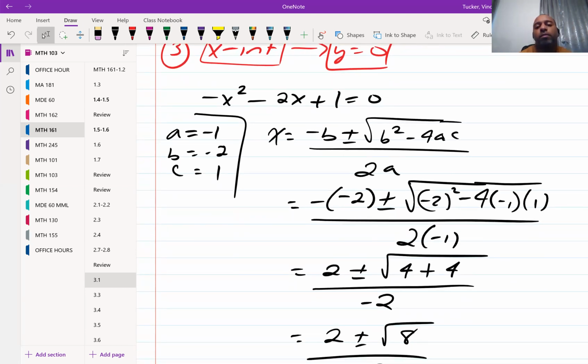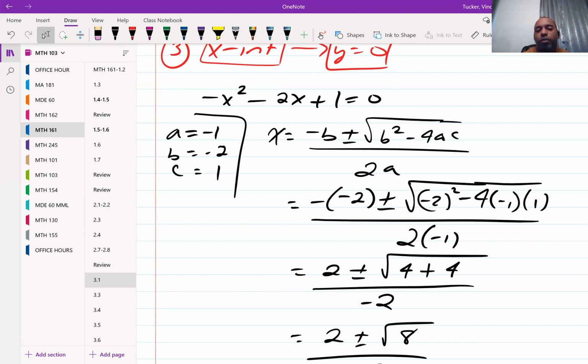So that's negative b plus or minus the square root of b squared minus 4ac over 2a. You plug in negative 2 for b, negative 1 for a, and 1 for c accordingly.